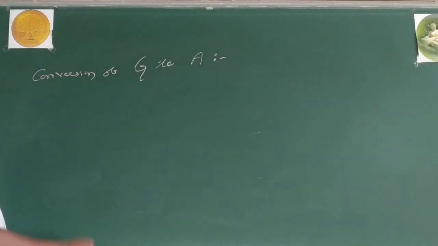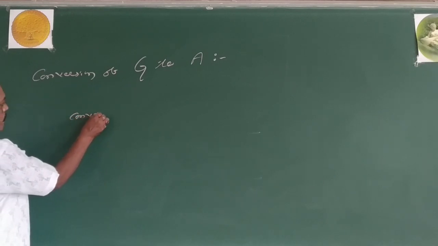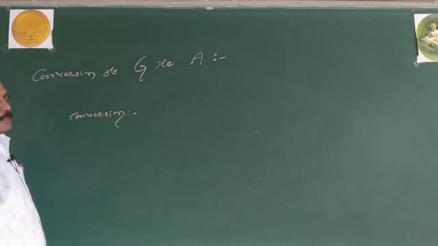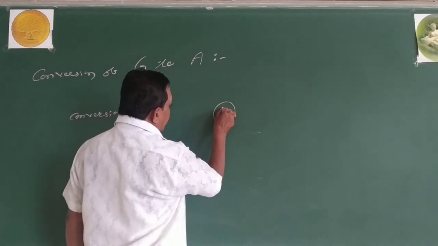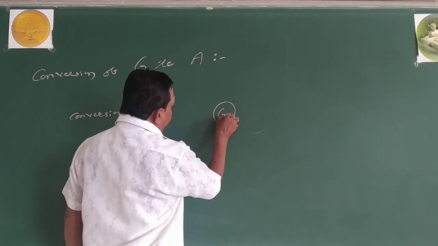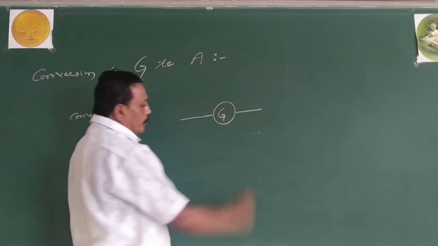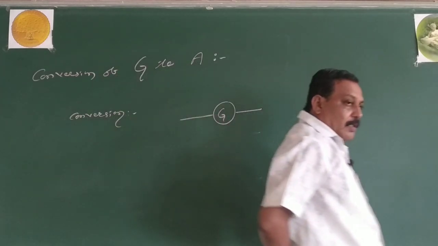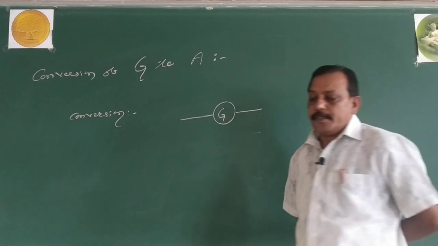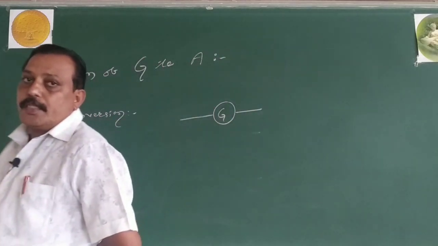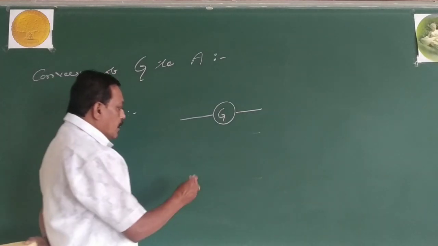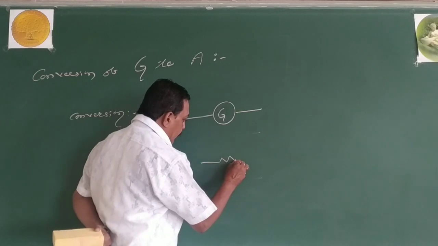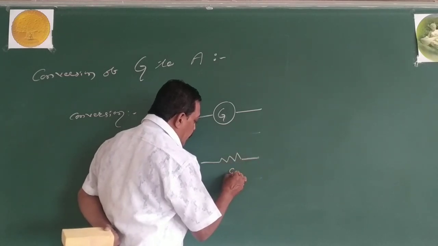Then, how to convert a galvanometer into an ammeter? I take the galvanometer. Every device has its own resistance. G is the resistance of the galvanometer. I want to convert the galvanometer into an ammeter. Then how to convert it? I take a small resistance. That small resistance is called shunt resistance.